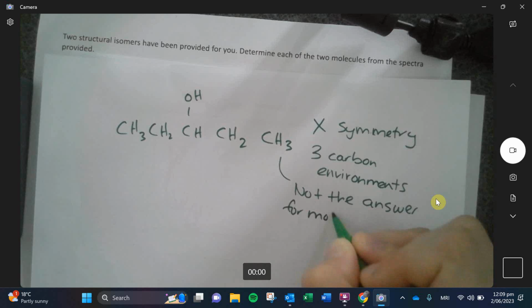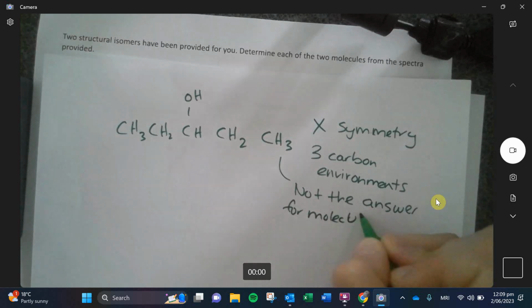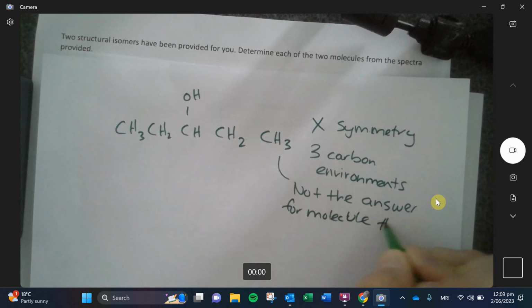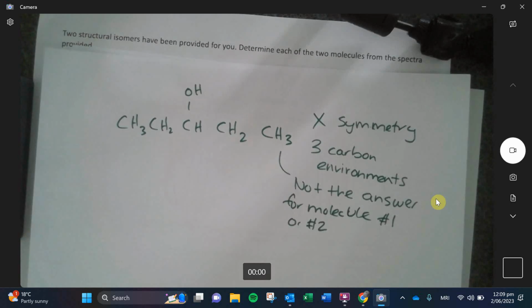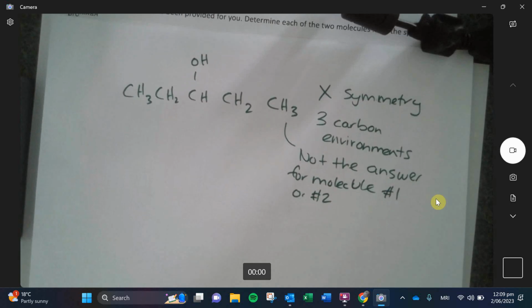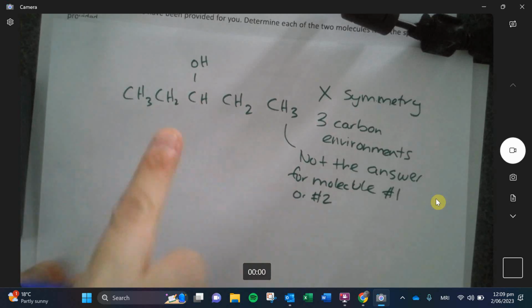Are we okay with that so far? All right. Then you guys had a little play with the OH. You started moving them around. The next answer I saw most of you guys have was that you moved the OH onto carbon number 2.